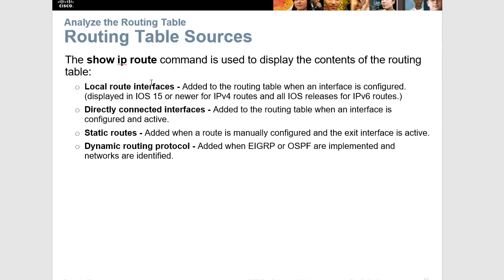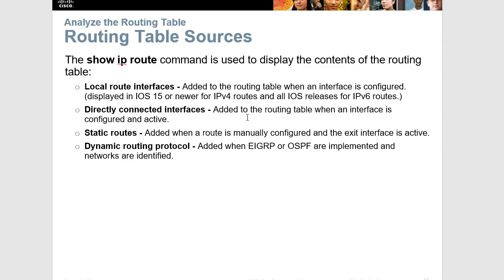We have here local routes that are added to the routing table when an interface is configured. When an interface is configured, you see an L entry there, your local route. We've got a directly connected interface, which has a C in front of it, and that's added to the routing table when the interface is configured and active.